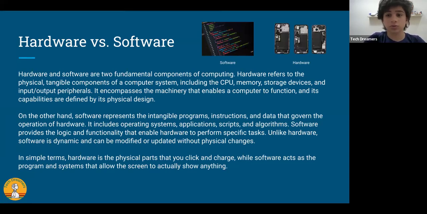So even though the actual screen is hardware and the pixels that light up are hardware, what is shown, for example, currently what's showing, which is hopefully my screen, is the software and is the code and the programs and the instructions for the hardware. So I want you to think about software simply as a set of instructions. So the code is written, and that is seen, and that's mostly what code is. It's just a set of instructions for what the computer or the hardware should do.